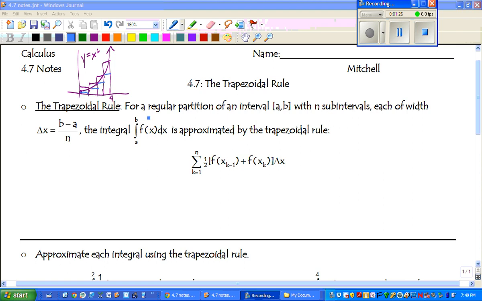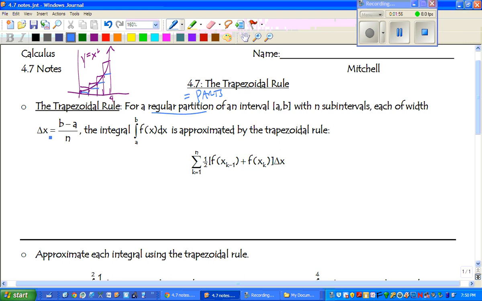The trapezoidal rule says that for a regular partition of any interval from a to b, which means we are breaking it up into equal parts, so basically equal subintervals, with n subintervals each of width delta x.